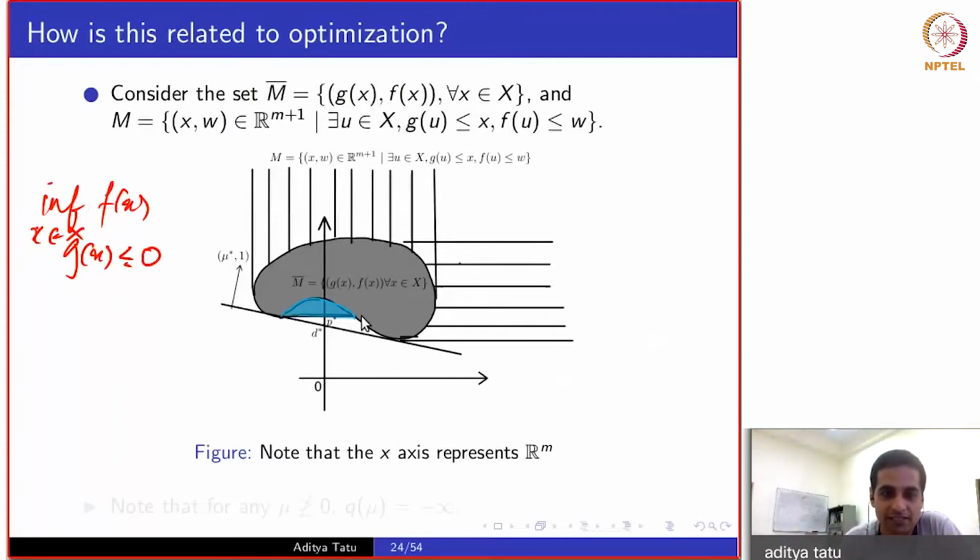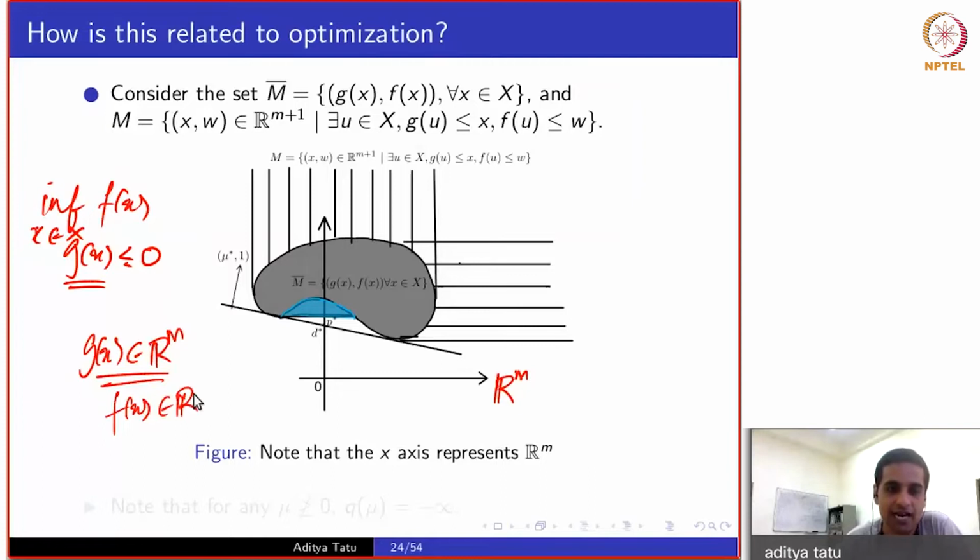I'm going to represent the value of this function g(x) at any x, which is in R^m. So these m numbers are going to be geometrically represented on the x-axis, whereas the objective function is just one number that I'm going to represent as the y-coordinate in the picture.